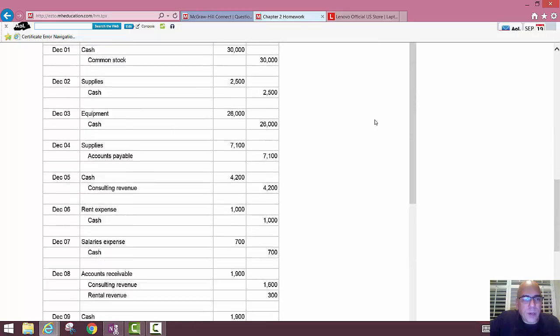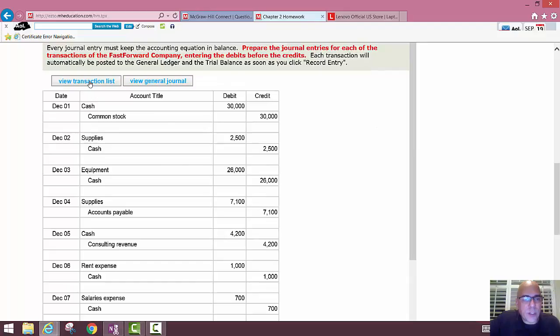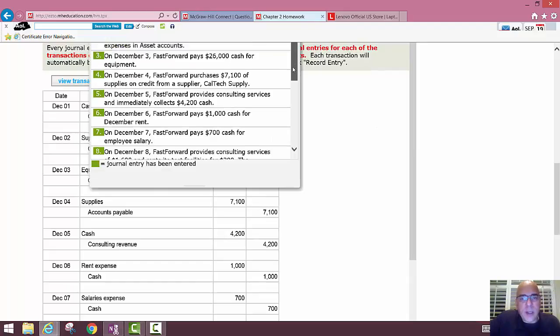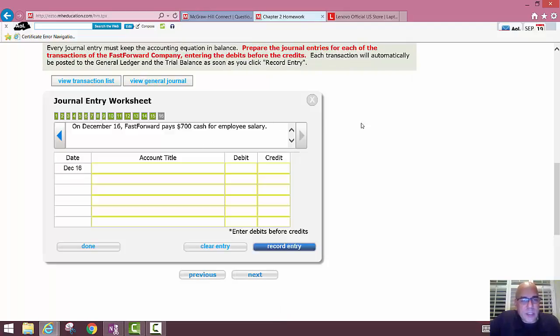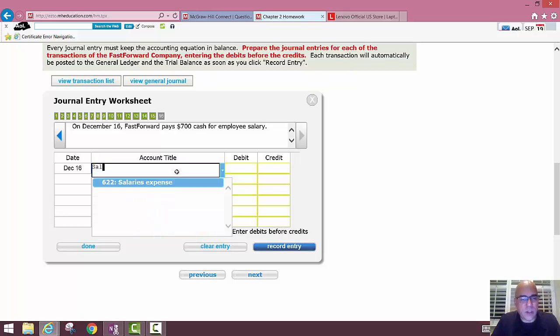And we are now going to view transaction list again. And we're getting to the end of this great exercise now, that we look at number 16, and we pay cash for salaries. Okay, and we've seen other occurrences of paying cash for salary.